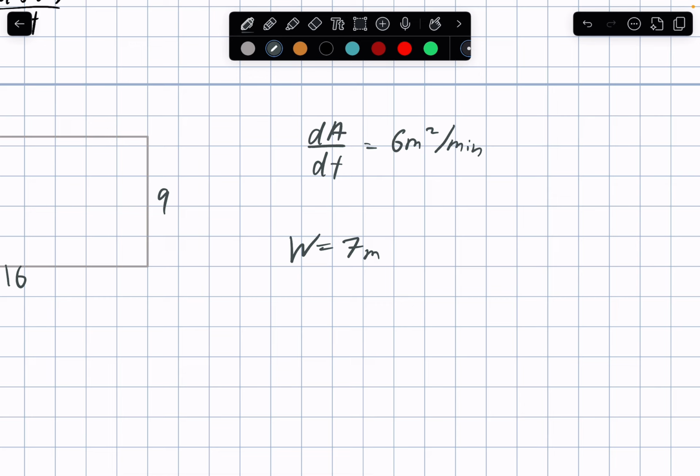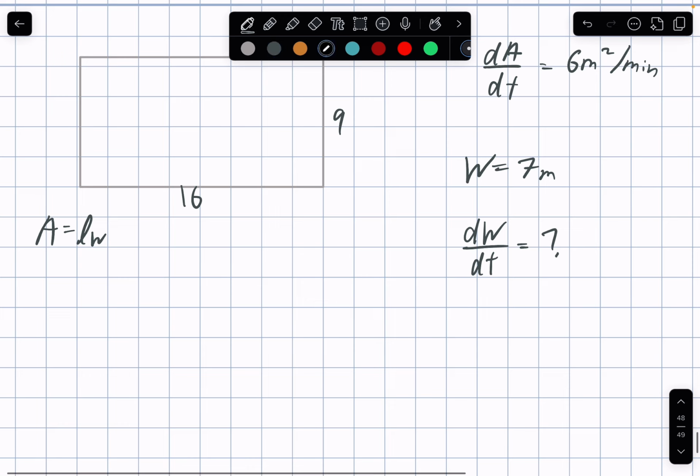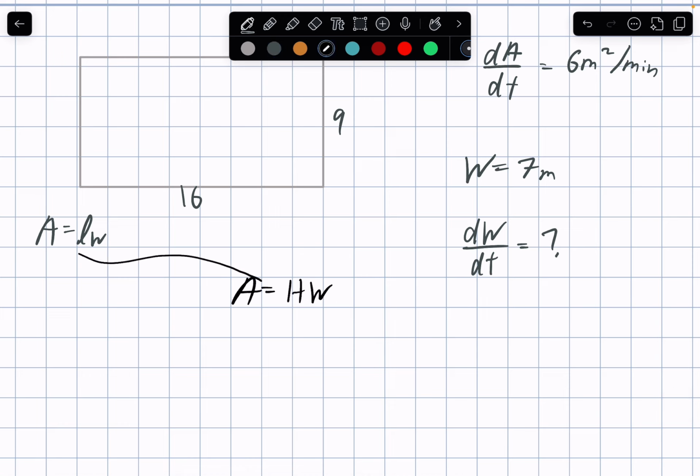So what are we looking for? We're basically looking for dw over dt. How fast is the width expanding over a period of time? So our formula is going to be height times width, or width times height. Same thing, just different label.